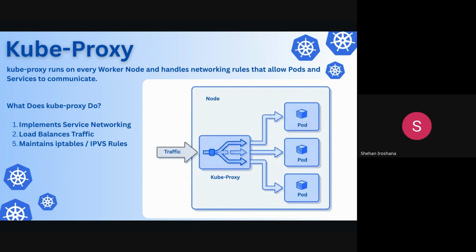It implements service networking, load balances traffic, and maintains the rules that allow requests to reach the right pod. Basically, kube-proxy is what connects everything running on the node to the rest of the cluster, so traffic flows correctly and reliably.